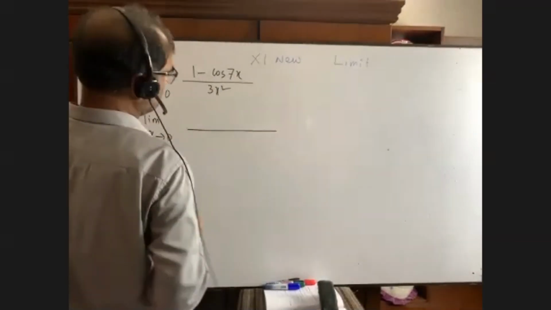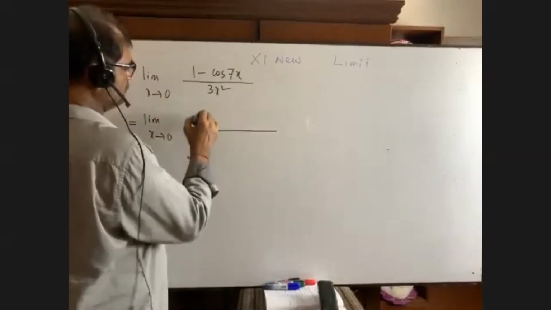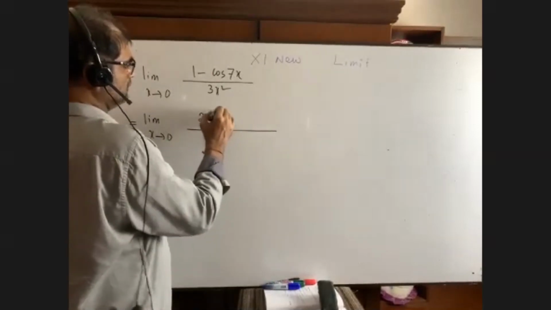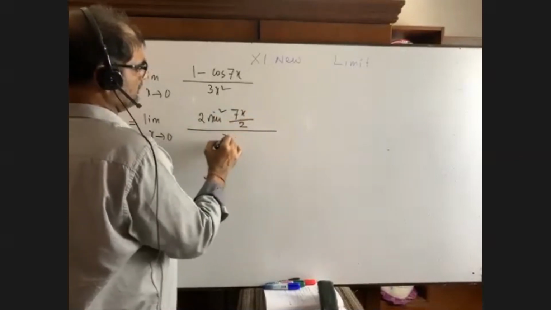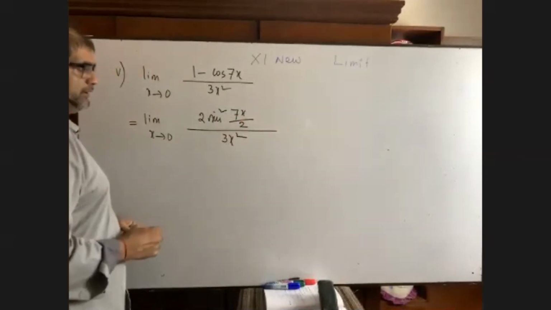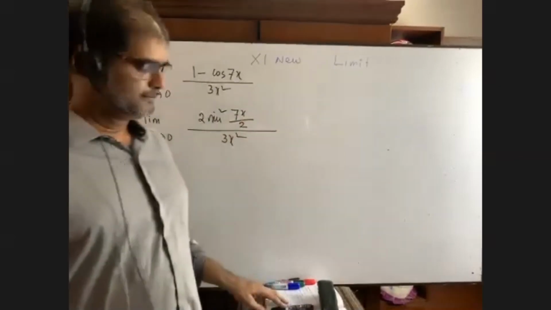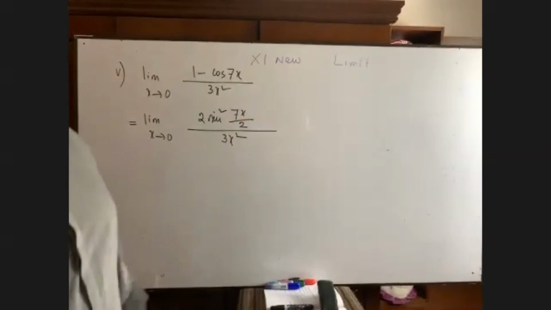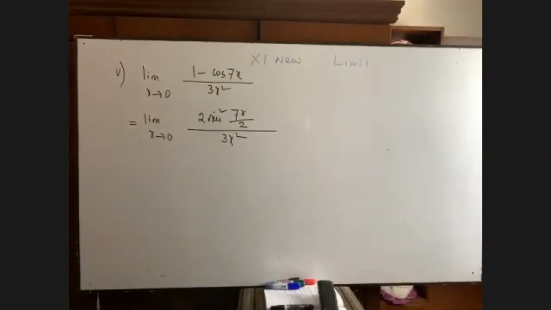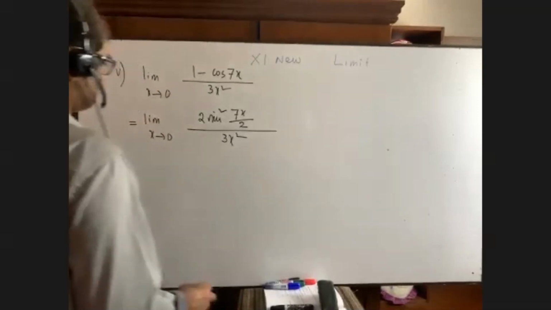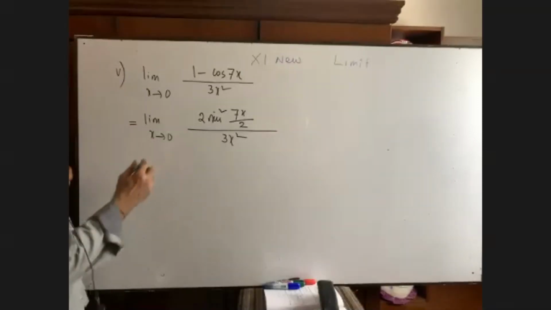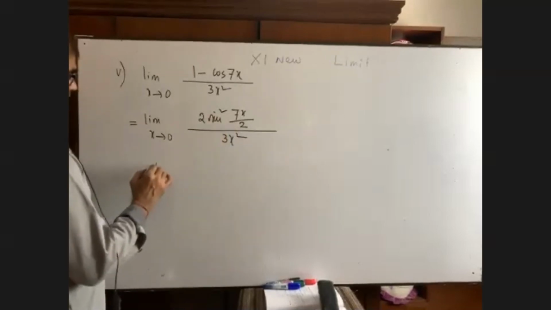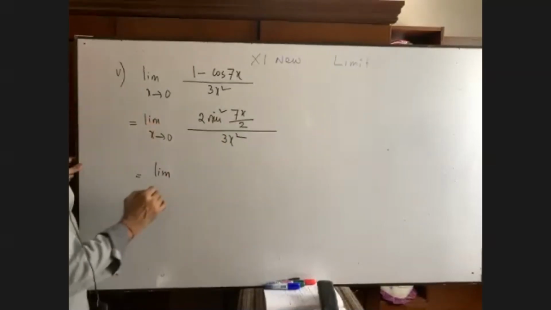What is the formula? 1 minus cos theta equals 2 sine square theta by 2. What is theta here? 7x by 2.